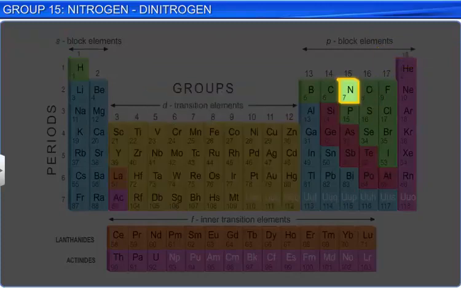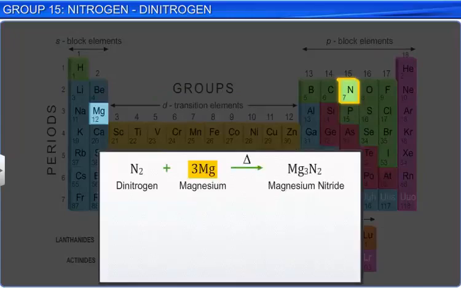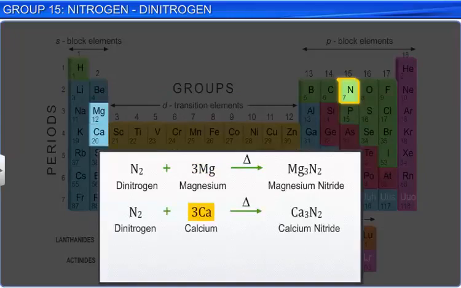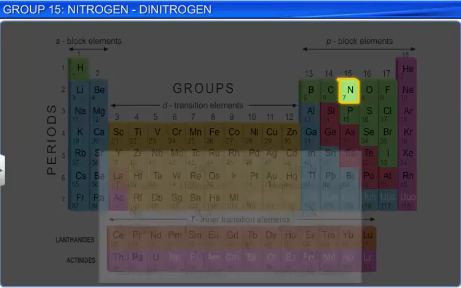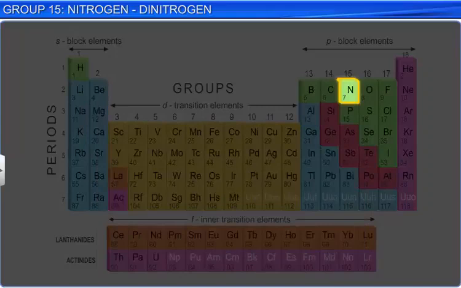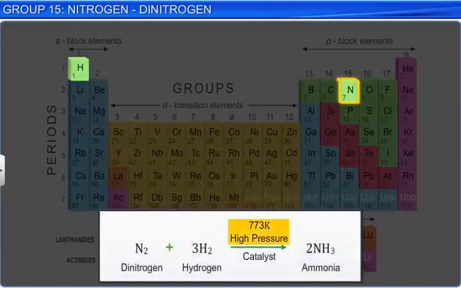At high temperatures, dinitrogen reacts directly with metals such as magnesium, calcium and aluminium to form the respective nitrides. It also reacts with hydrogen at high temperature and pressure in the presence of a catalyst to form ammonia, as shown here.